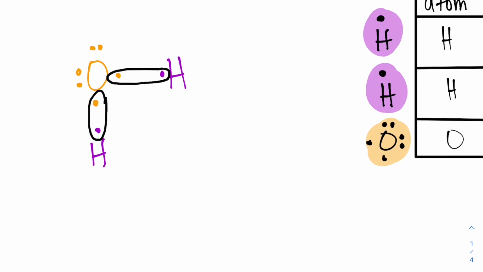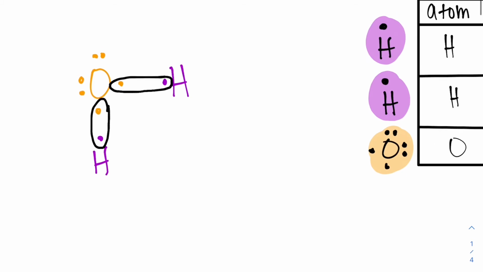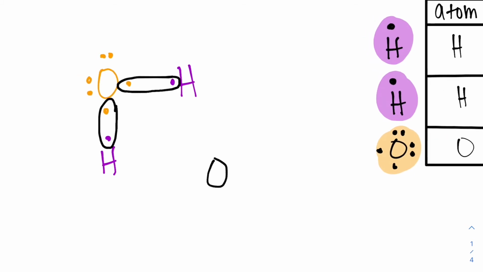So each hydrogen atom is going to attach its free electron to the oxygen atom, creating a bond here. In our Lewis structures, a bond is represented by a line. So we will have oxygen with its valence electrons connected to 2 hydrogens.